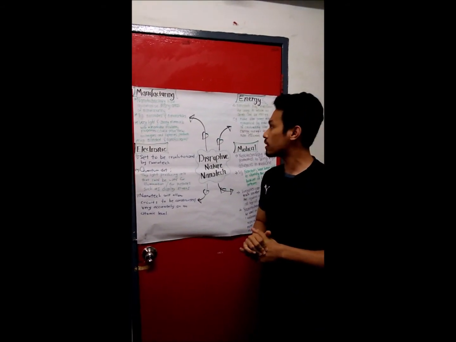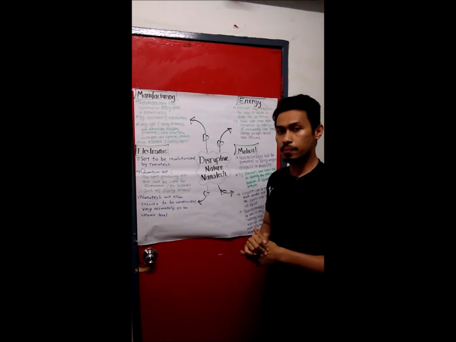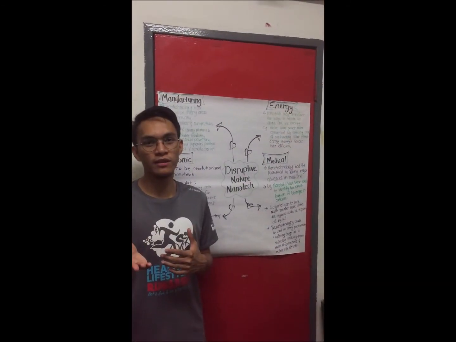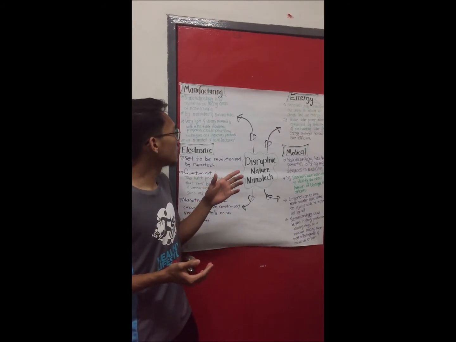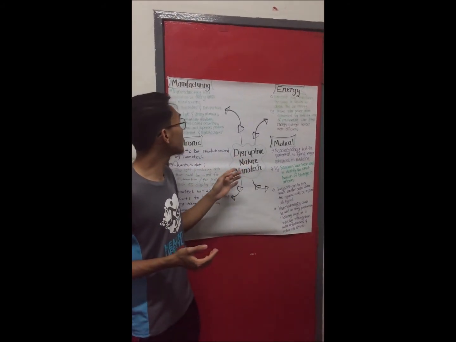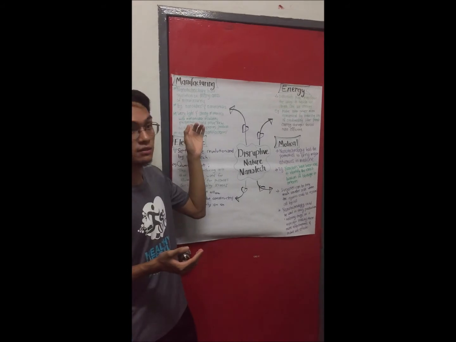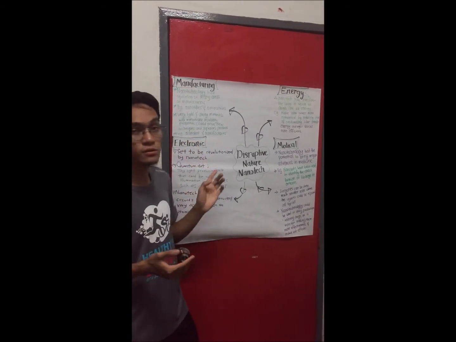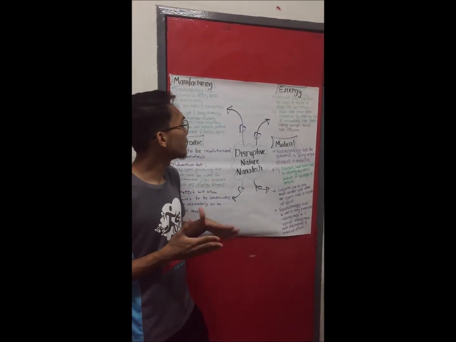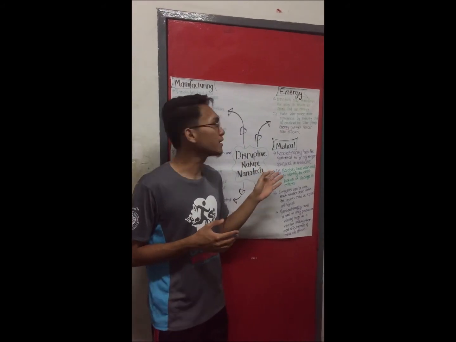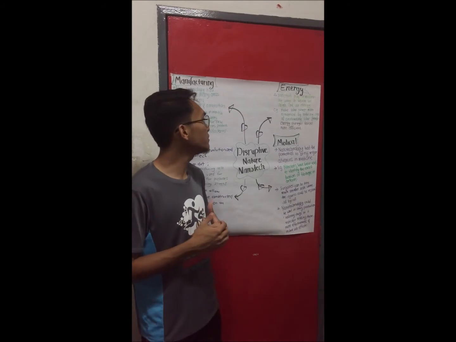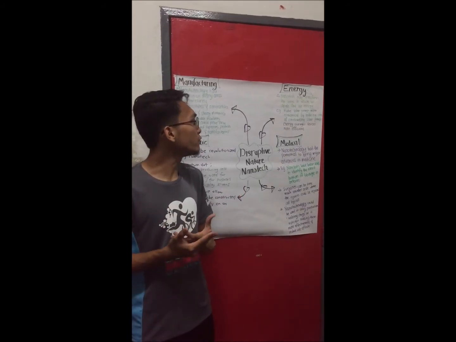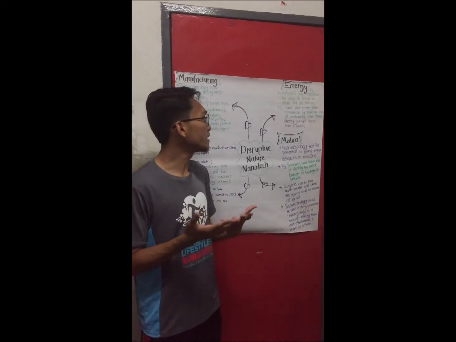Okay, so for the energy and medical parts. Thank you Fikri for presenting two of the disruptive natures of nanotech, that are manufacturing and also electronic. So now I will continue with energy and also medical. For energy, nanotechnology may transform the ways in which we obtain and use energy.